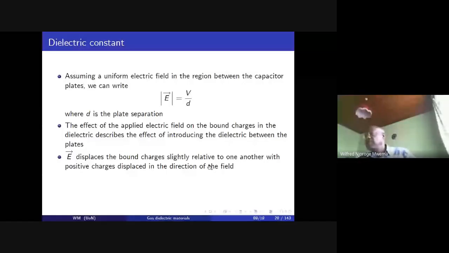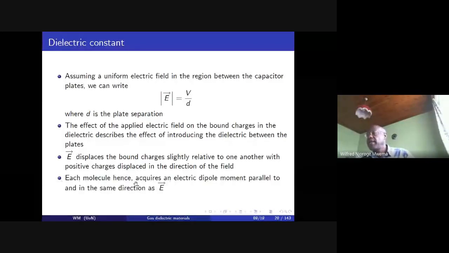So E will displace the bound charges slightly relative to one another, with positive charges being displaced in the direction of the field. Each molecule hence will acquire an electric dipole moment that is parallel and in the same direction as E.